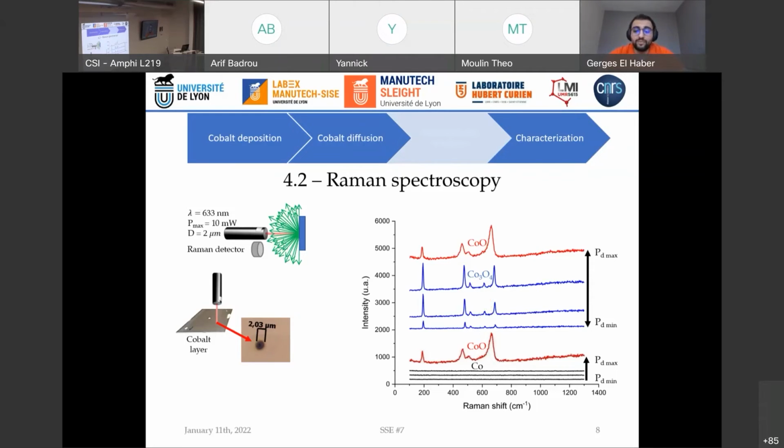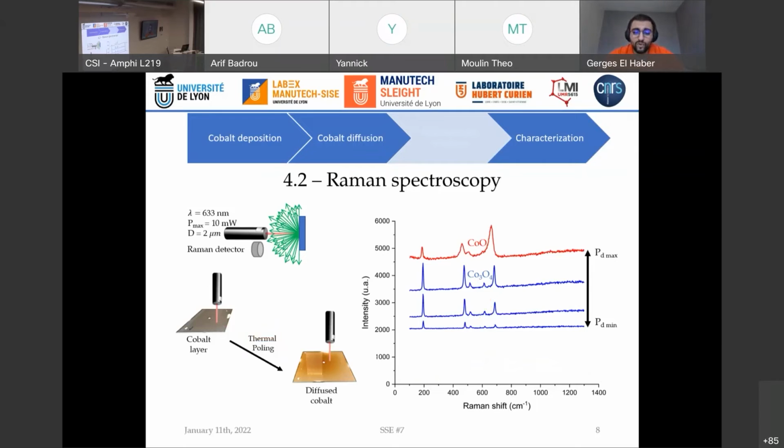If we measure the sample after thermal bonding, we can see the two types of cobalt oxide that can be reversed as a function of the applied power density. This confirms so far a part of the main goal of my thesis, which is to switch between those cobalt oxides using a laser.